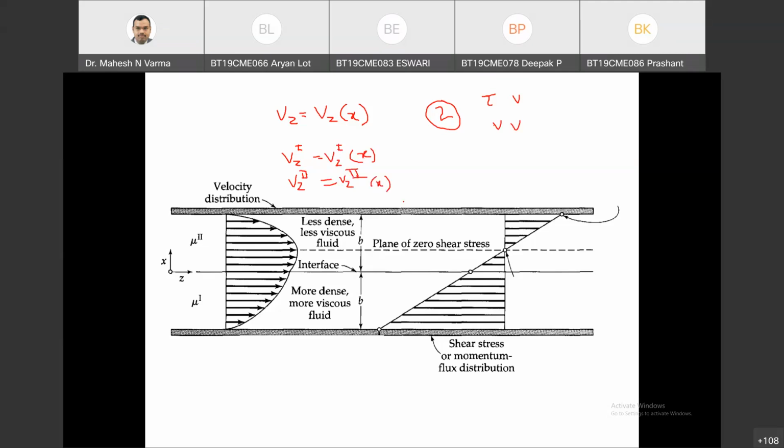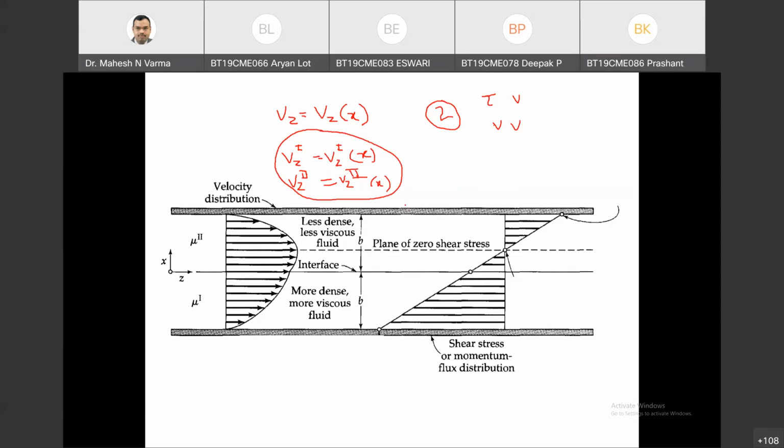How many boundary conditions are needed to solve this problem? One boundary condition. Oh, so you can solve this problem using one boundary condition? No, sir. I mean fluid and solid, fluid both.